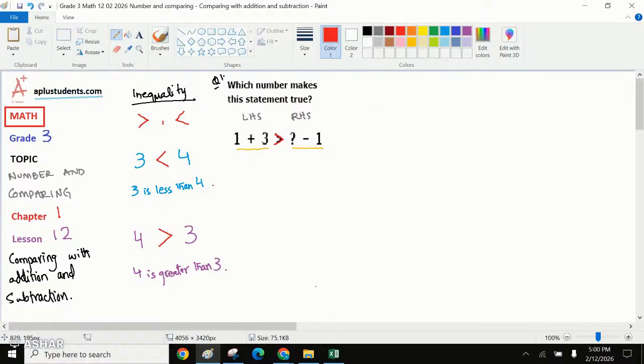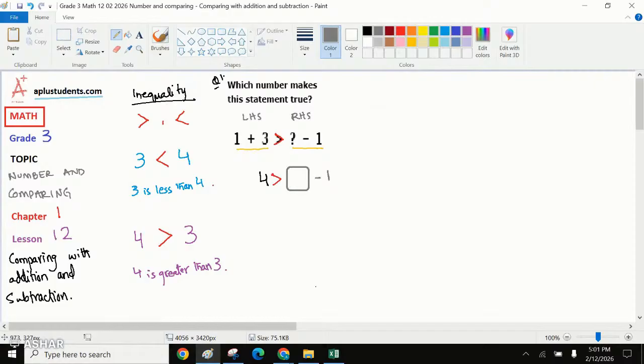What is 1 plus 3? 1 plus 3 is 4. They're saying 4 is greater than something minus 1, right? Then a number, something minus 1.